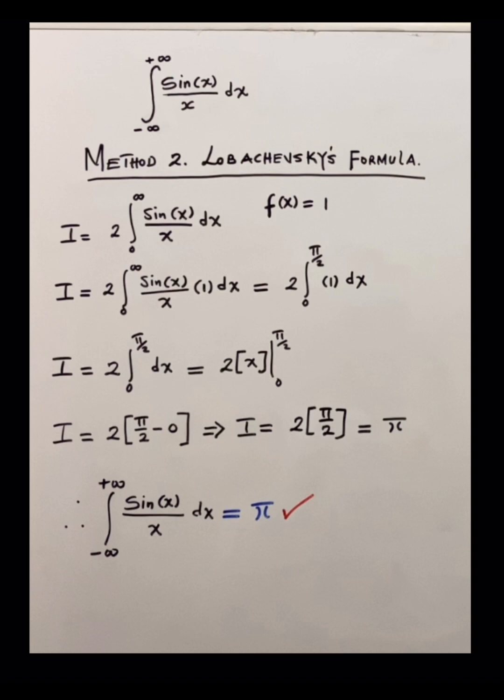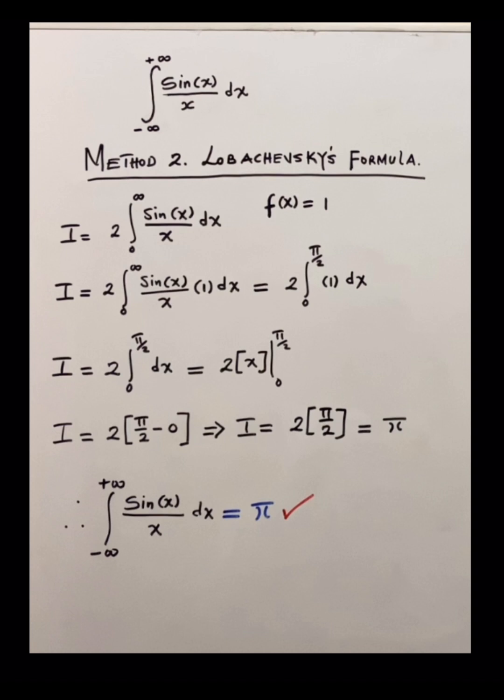So 2 times the integral from 0 to pi over 2 of dx is just equal to 2 times, in parentheses, x evaluated from 0 to pi over 2. So we have to plug in pi over 2 first and minus 0, because pi over 2 is the upper limit and 0 is the lower limit.